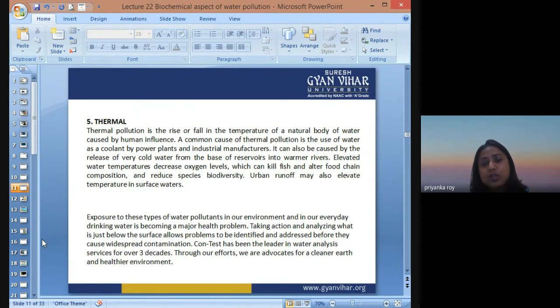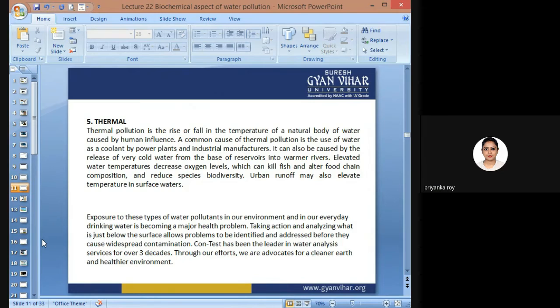So exposure to those types of water pollutants in our environment and in our everyday drinking water is becoming a major health problem. Now, taking action and analysis just below the surface allows problems to be identified and addressed before they cause widespread contamination.